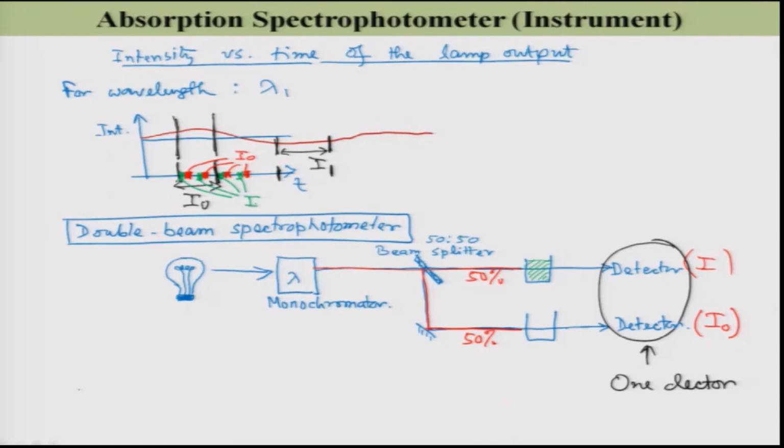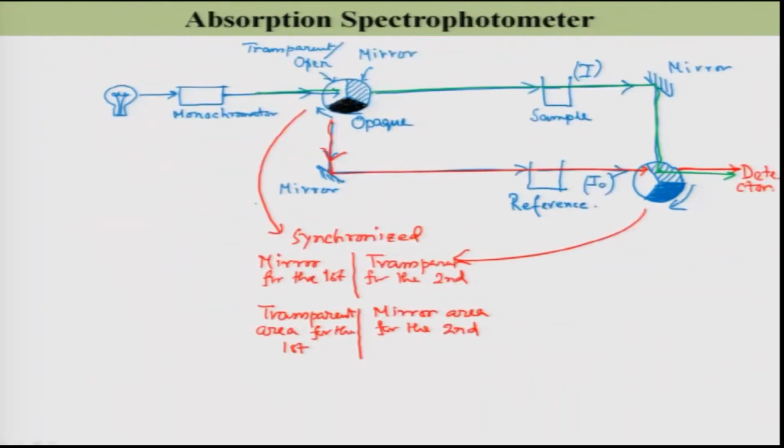So, I can measure this I and I0 in such a way that although there is some drifting in the lamp output, they will be compensated with each other, because I am measuring it many times over here. And if you notice over here, I am going to have another region which is this opaque region.